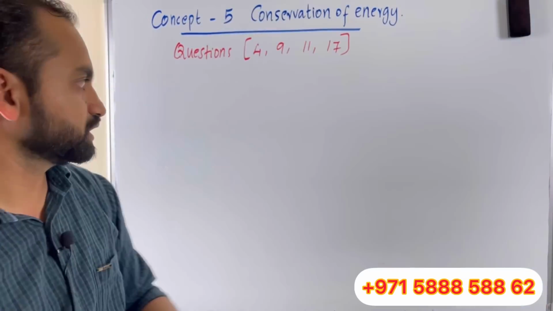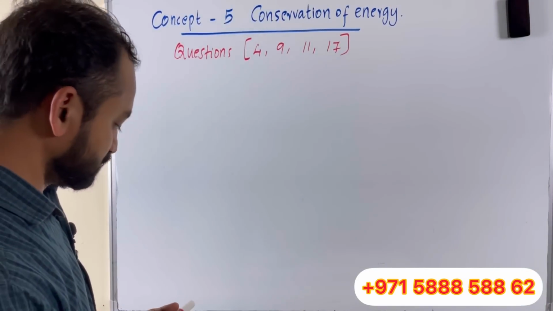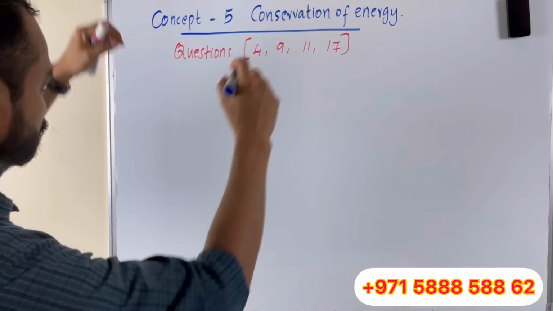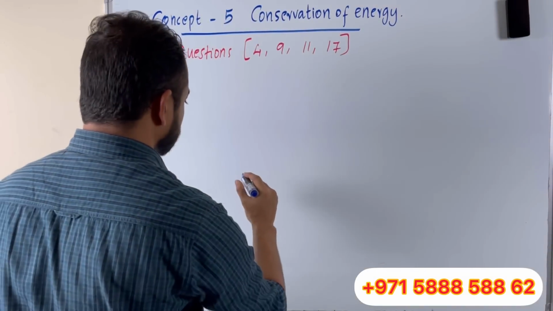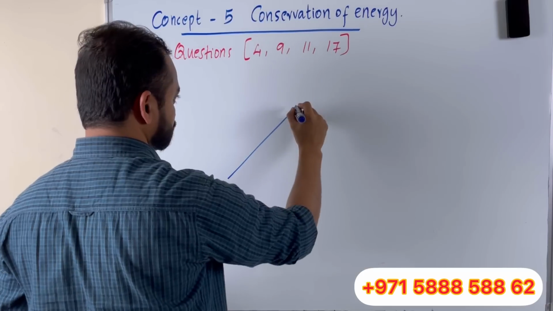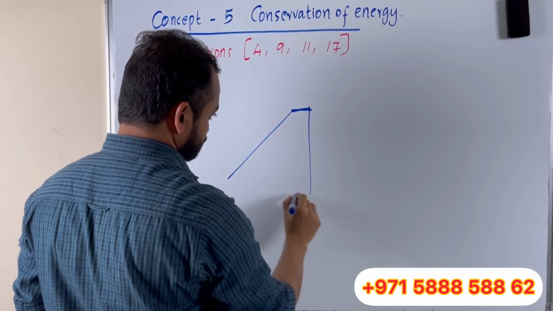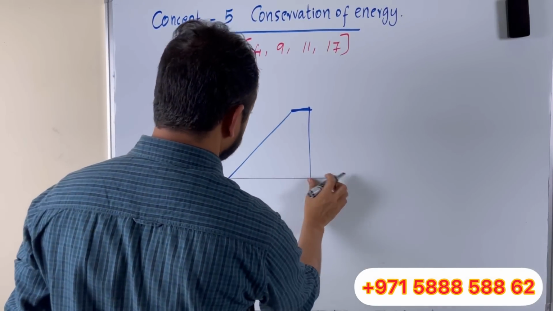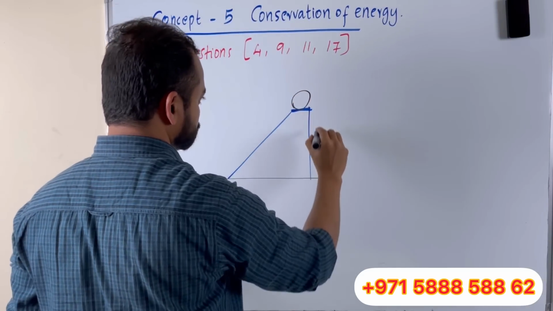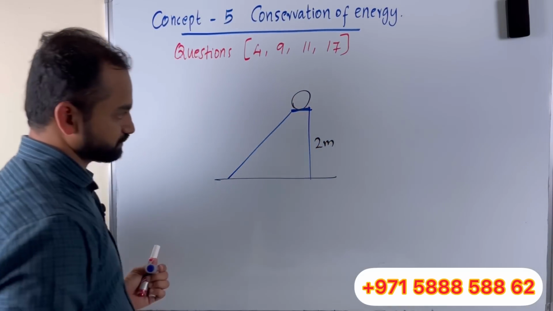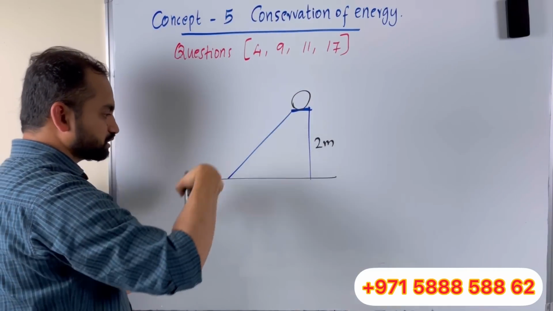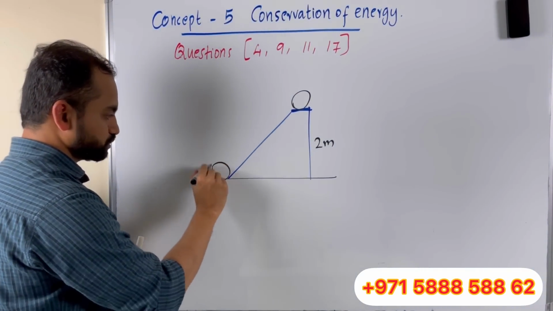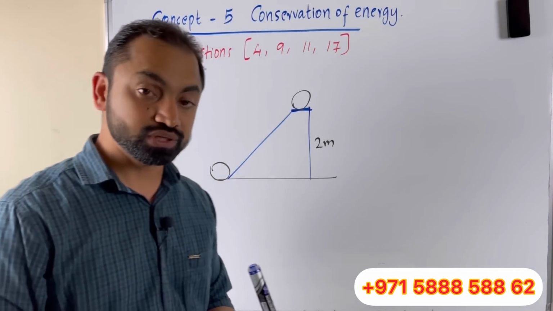So for example, we will take the example of an inclined surface. Here we have an inclined surface, and this is the ground. Here we have a ball. This ball is at a height of 2 meter, and it is rolling down this inclined surface and reaches the bottom.